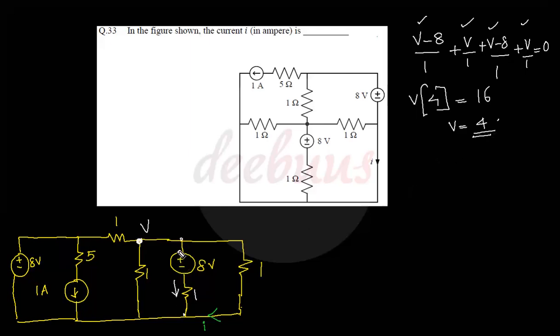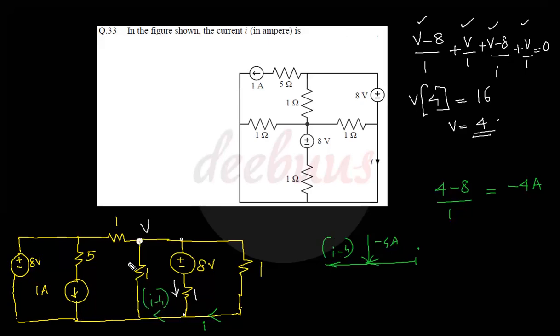So the current flowing downward is 4 minus 8 by 1, since 8 volt is the voltage source in the arm, that is minus 4 ampere downward. A minus 4 ampere downward current is flowing here and current I is entering here. So the leaving current at this arm is I minus 4.